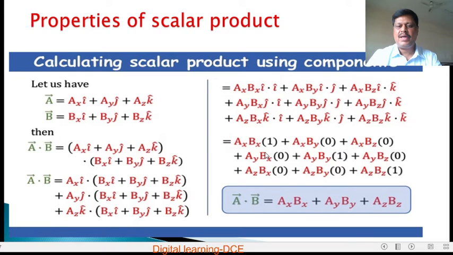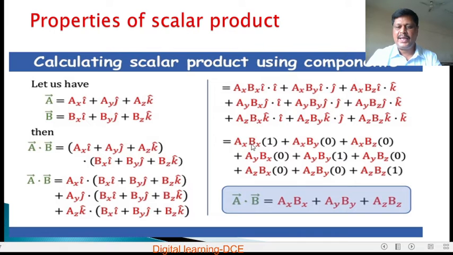Similarly, Ay Bx into j dot i is 0 because j dot i is equal to 0, plus Ay By into 1 because j dot j is equal to 1, plus Ay Bz into 0 because j dot k is equal to 0, plus Az Bx into 0 because k dot i is equal to 0, plus Az By into 0 because k dot j is equal to 0, plus Az Bz into 1 because k dot k is equal to 1.